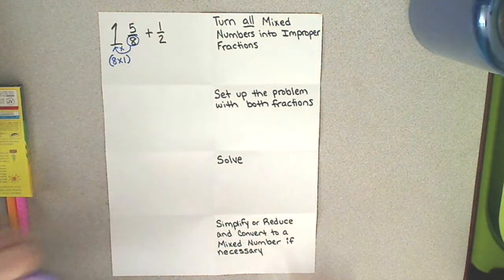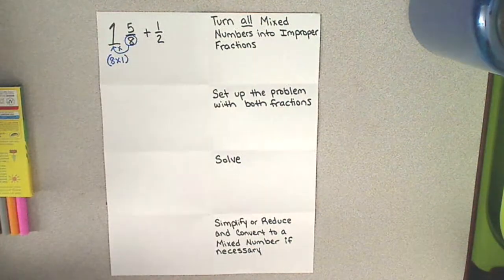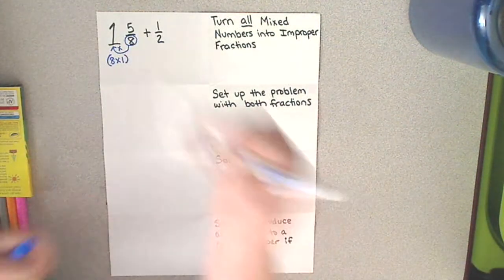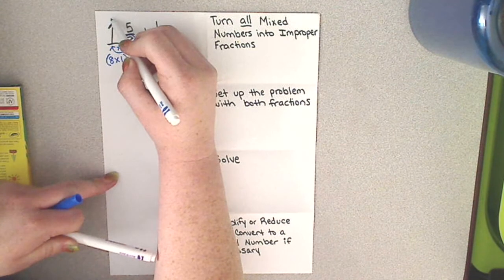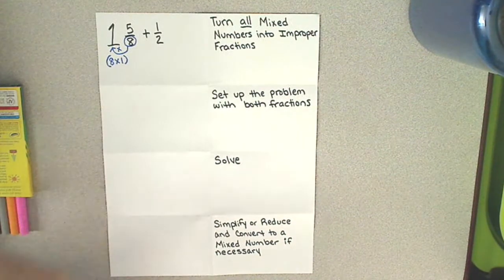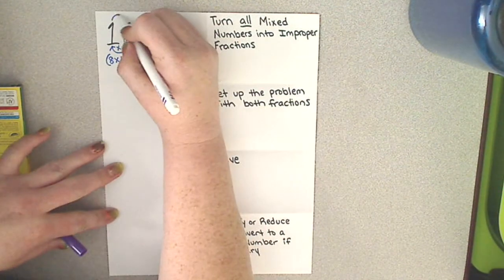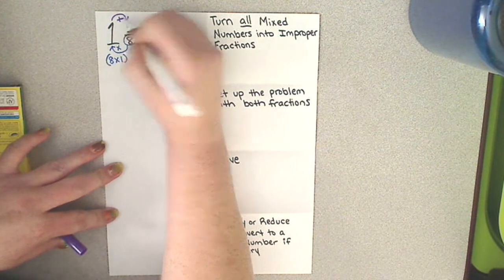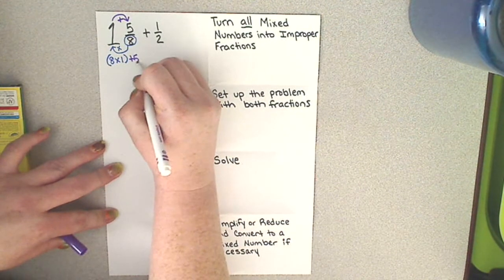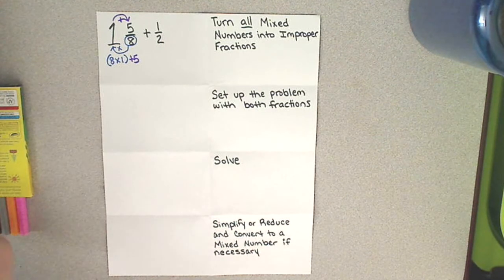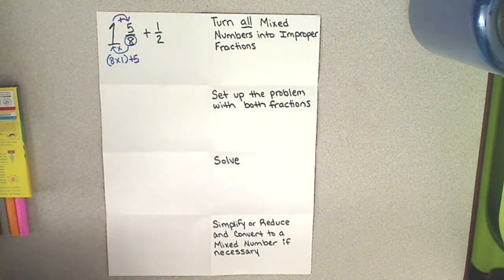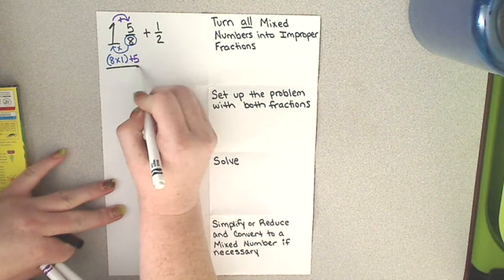Then that product is added to 5. And your denominator does not change. Your denominator stays the same.